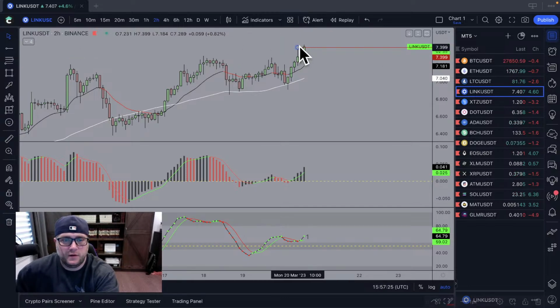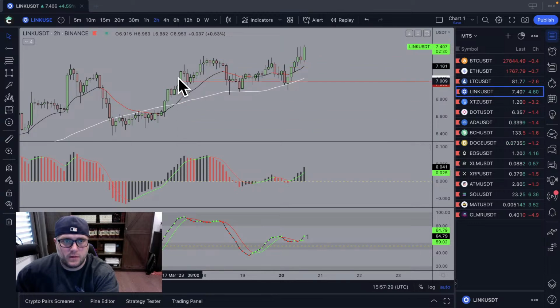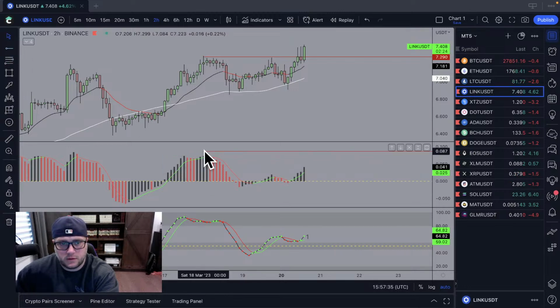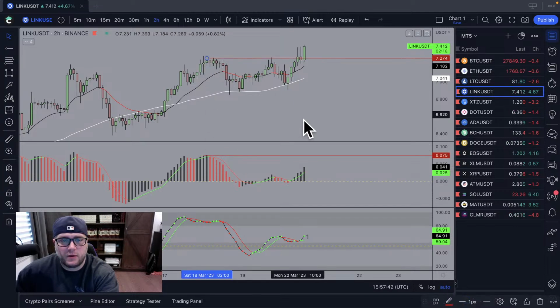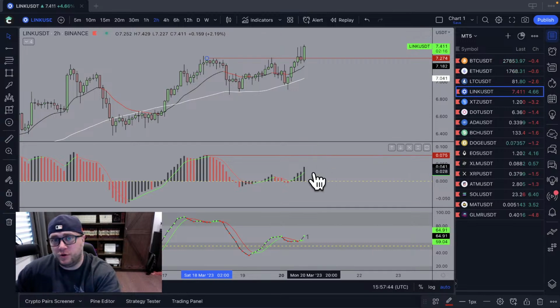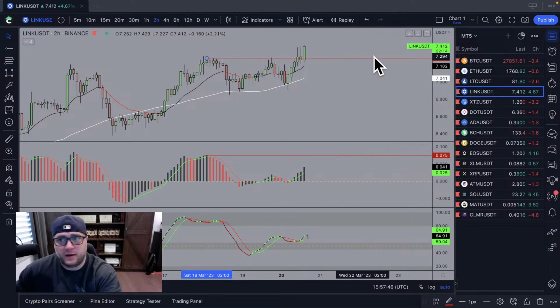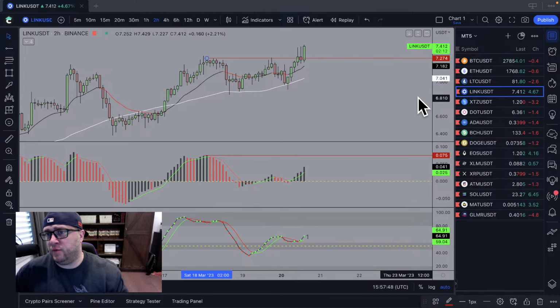Let me move this over here. Let me see where that divergence is. So it's this one. As long as you don't make a higher high, we're going to come back down and touch that line too, which is 7.274%.